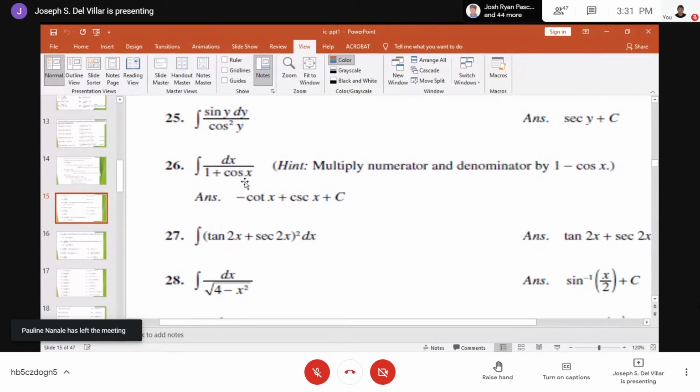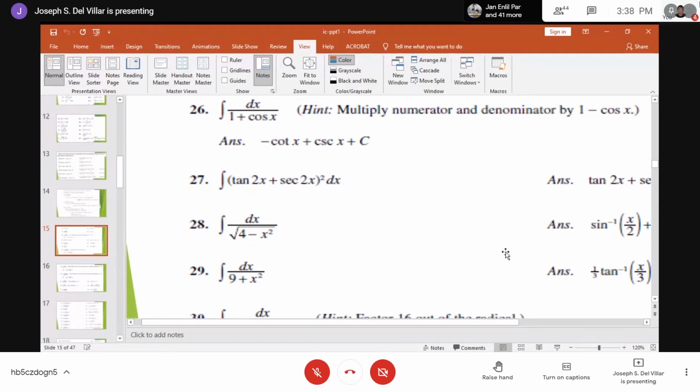So, how are you going to integrate that? Yung 1 plus cosine all over 1 minus cosine squared x. Okay? So, try that.